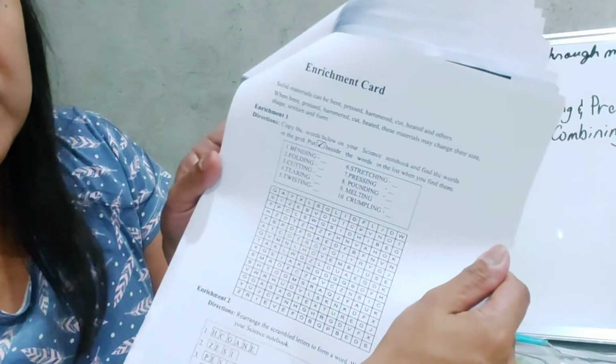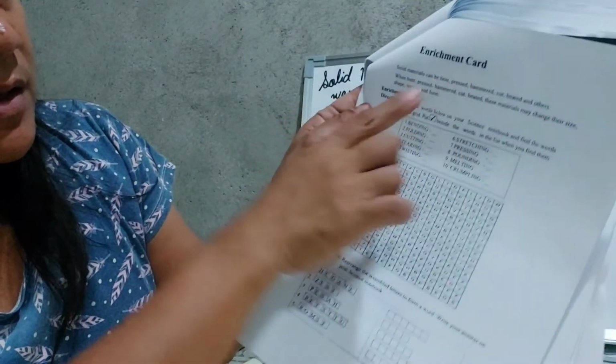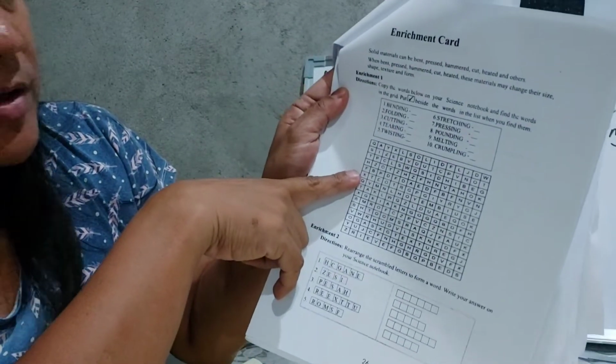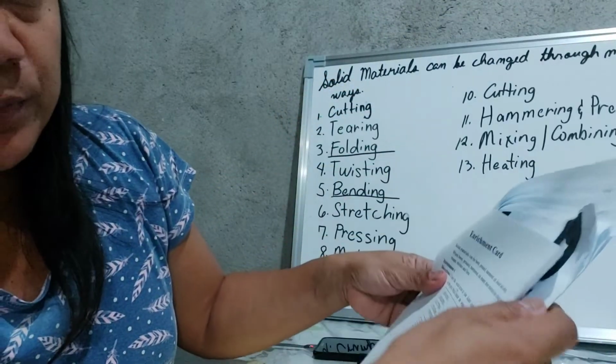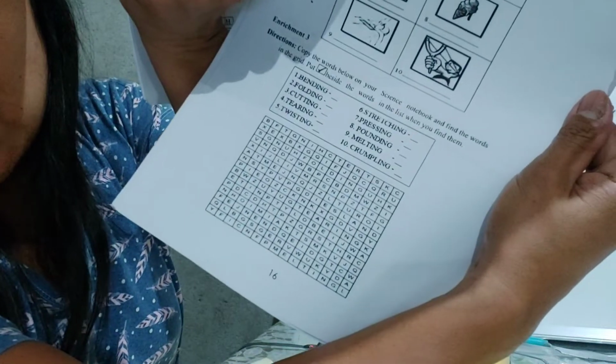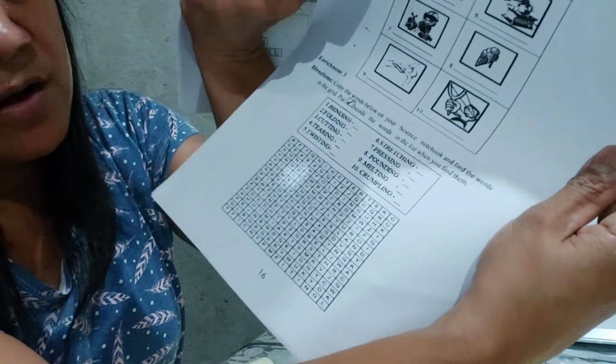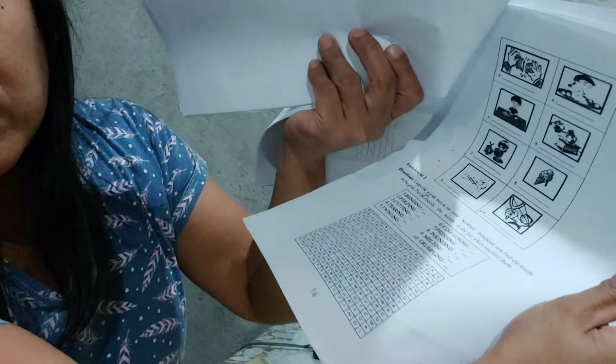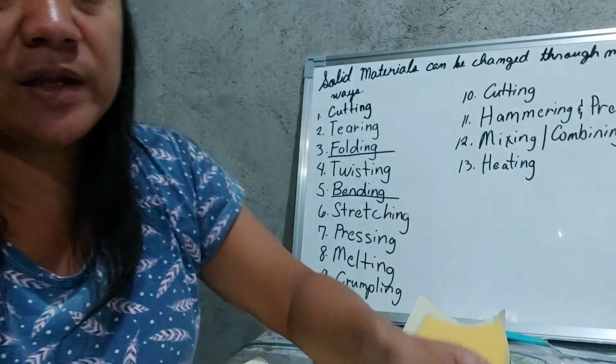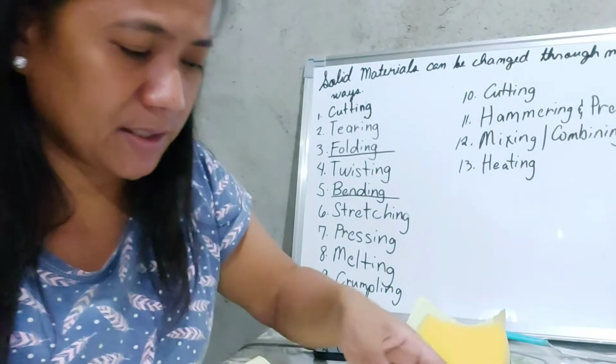Tingnan po natin yung sa enrichment card. May nakasulat na enrichment 1. Katulad lang po siya nung nasa page 16. So, magkatulad po lang ang gagawin natin. So, parang copy-paste lang po siya. Kung ginawa natin doon, dito, yun din po ang gagawin natin doon sa page 26.